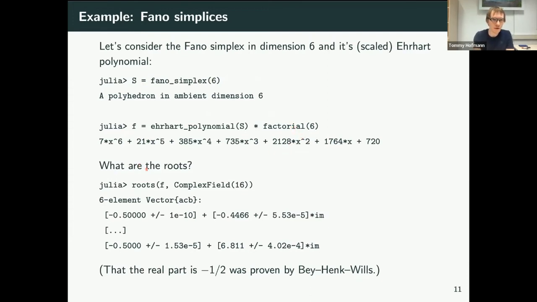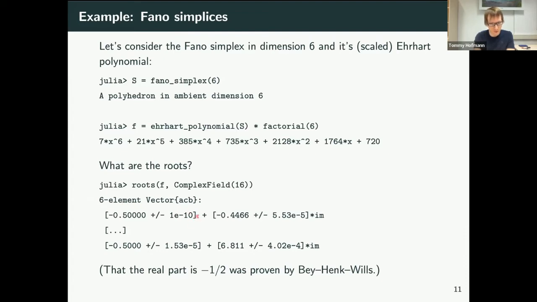First thing you could ask is, what are the roots? It's a bit ambiguous, so we have to tell it I want to have approximations with some precision. And then it spits out 6 complex numbers, and these are always intervals. So whenever we have floating point computations, we use intervals to have something rigorous. So these are intervals containing the root.